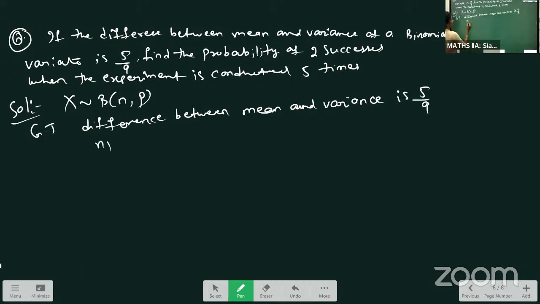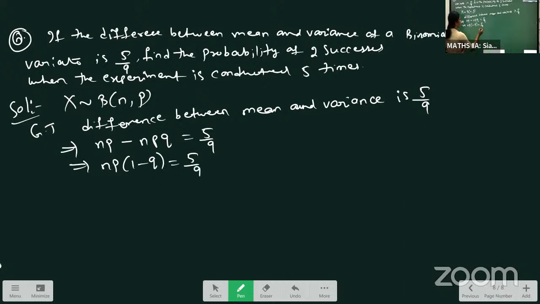Mean is np, variance is npq. Difference means minus. So the difference between mean and variance is nothing but np minus npq equals 5 by 9. In both of them take np common. 1 minus q equals 5 by 9. So np into what is 1 minus q? p. So np squared equals 5 by 9.